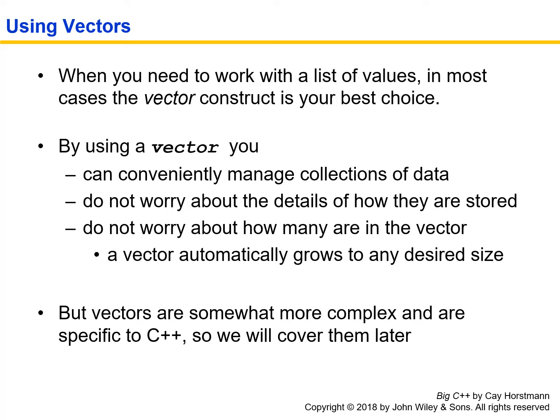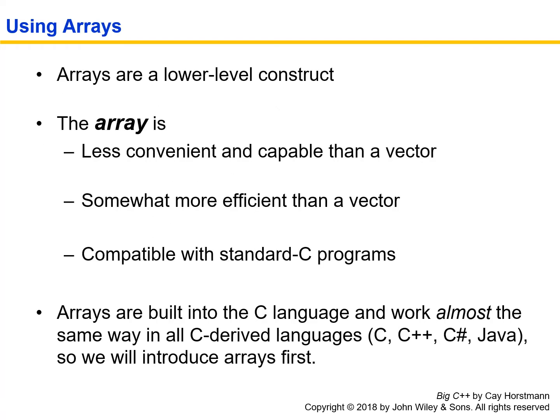But vectors are both a bit more complicated computer science-wise, and they are specific to C++, whereas arrays are something that you'll find in just about every computer science language, certainly every C family language. So we're going to cover the vectors later.